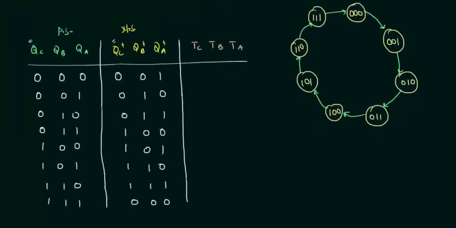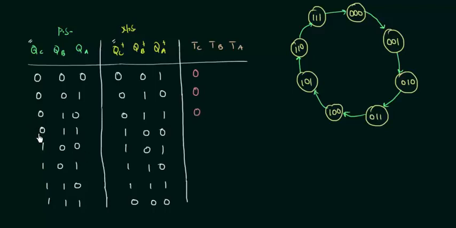So let's do it. For the first case, QC is 0 and QC plus is also 0. So the present state and the next state are the same, which means memory, and in a T flip-flop we have memory when TC is equal to 0. Similarly, for the second case we again have the same state, and for the third case again the same state.